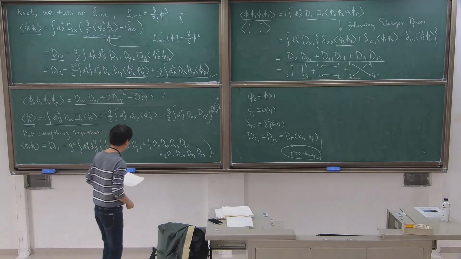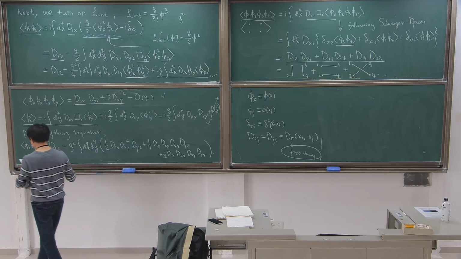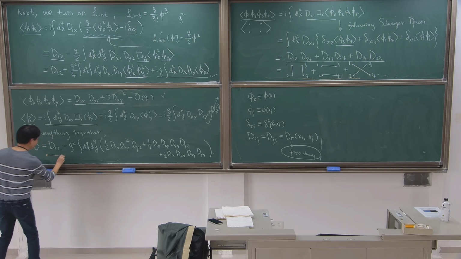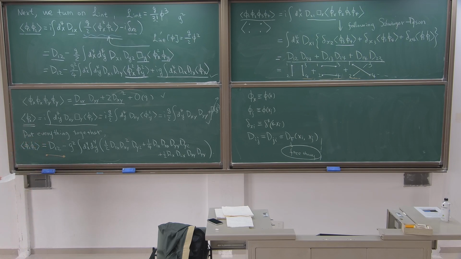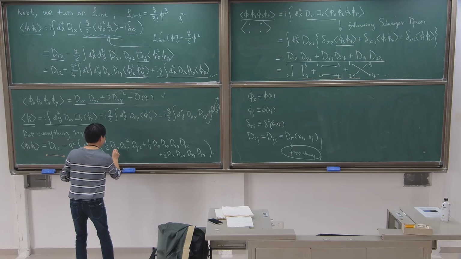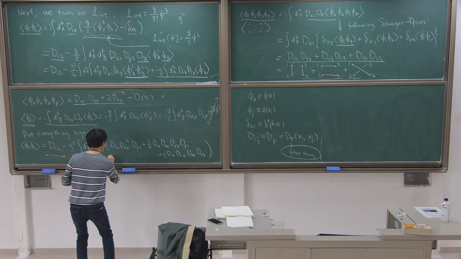Just directly draw here. So for this part, we can use a diagram with just 2 dots with a line connecting. For this one, we have x1, x, y, and x2. We can use this dot.